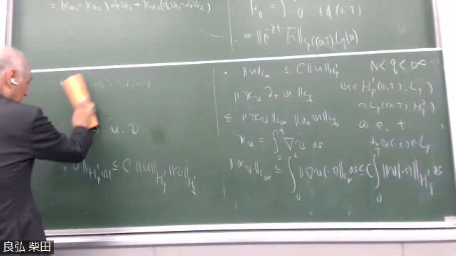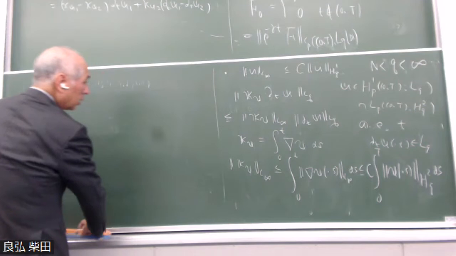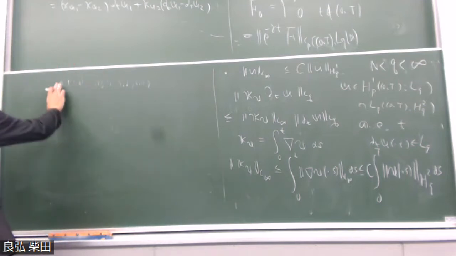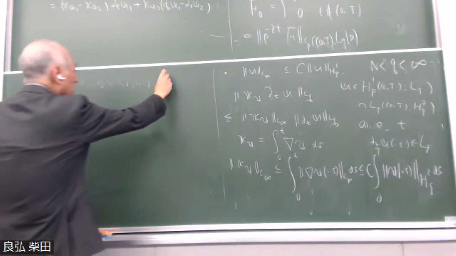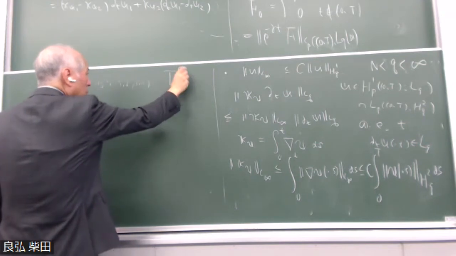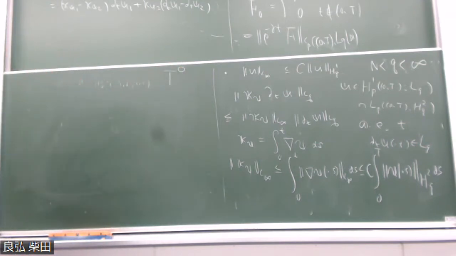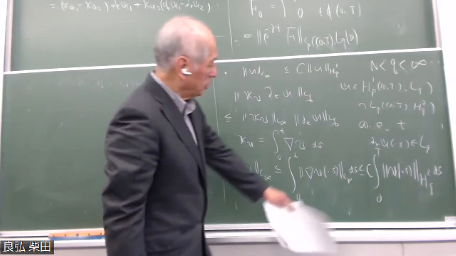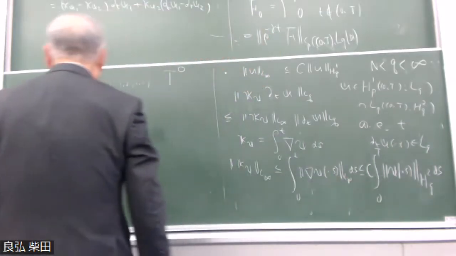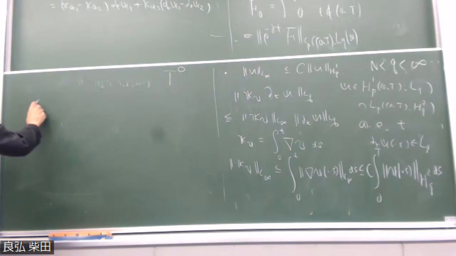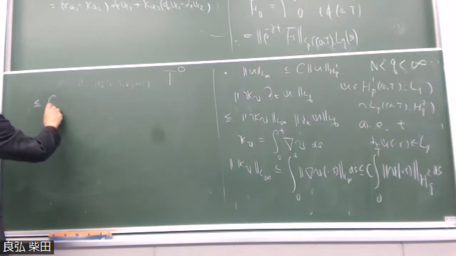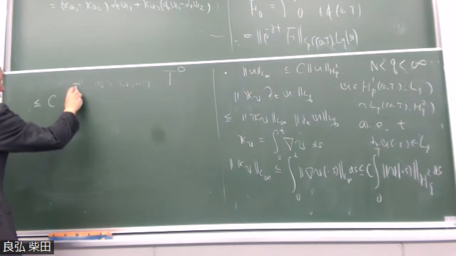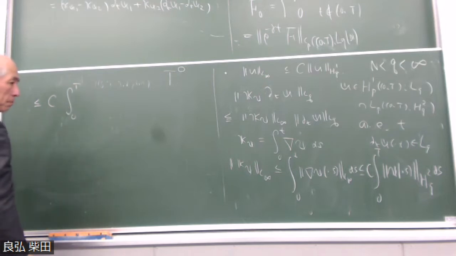Then, moreover, I say that we need some T to the power. From this, you get this T to the power. The meaning is that now we use the Hölder inequality.